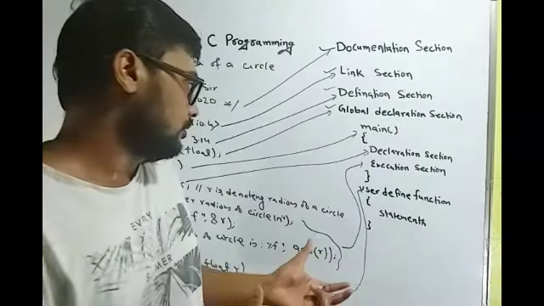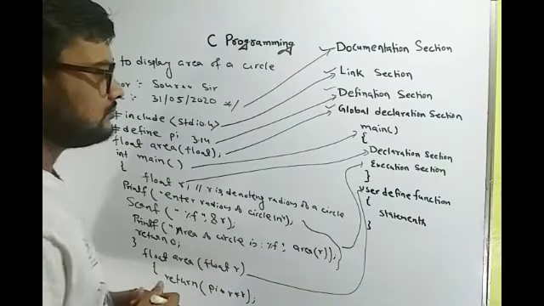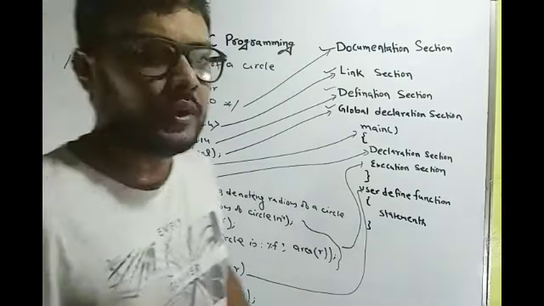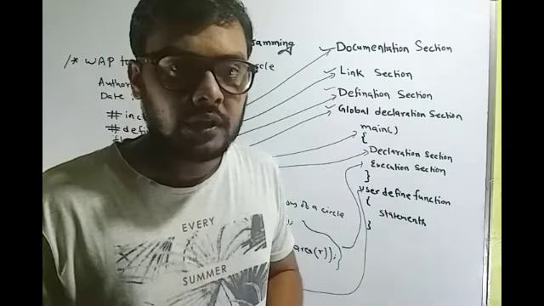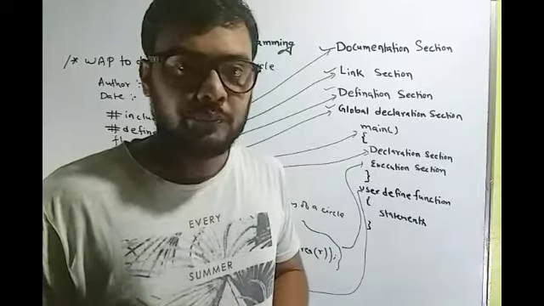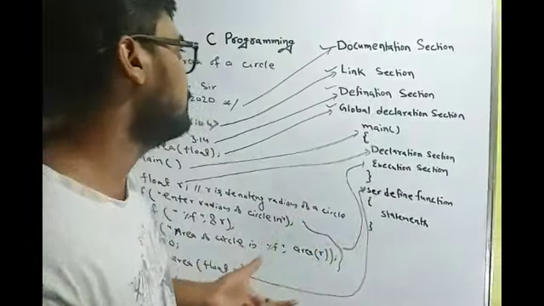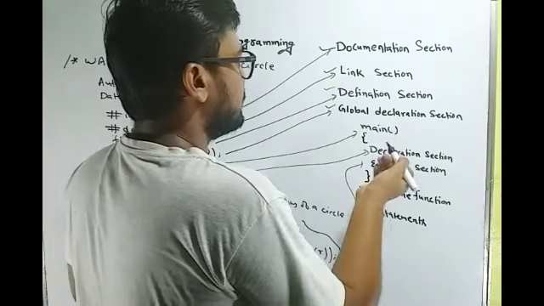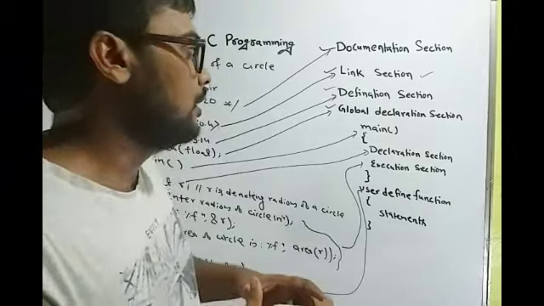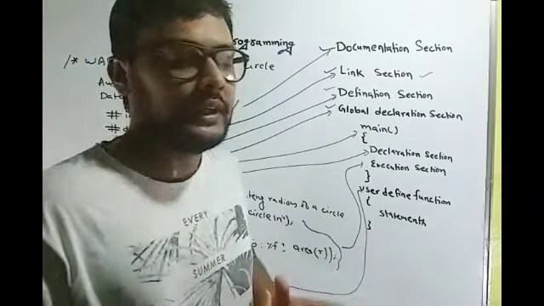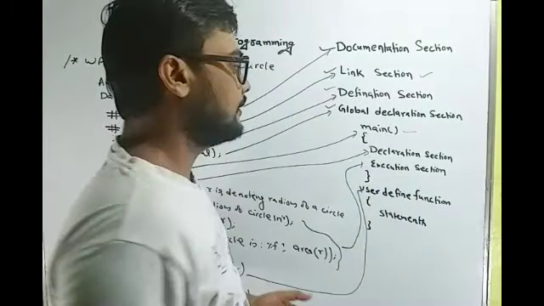All the sections we try to conclude here, and one question is whether all the sections are mandatory. It's quite no, because all the sections are not mandatory. The mandatory section is the link section, because you must define it when you write the program. You generally use the link section, and then we use the main function, with the declaration and execution section.